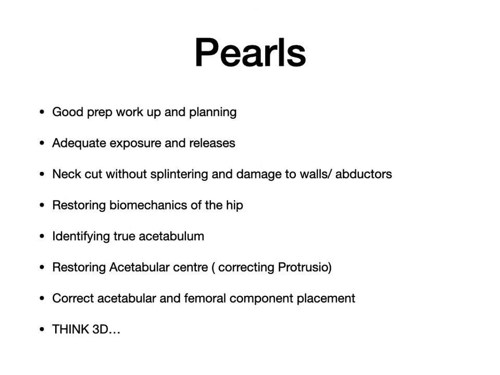Identify the true acetabulum, restore the acetabular center, and correctly place the acetabular and femoral components in their native anatomical position. And last but not least, think three-dimensionally. It's very crucial for us to think not only in acetabulum or femoral terms, but of the entire pelvis, lumbar spine, and the soft tissue structures.